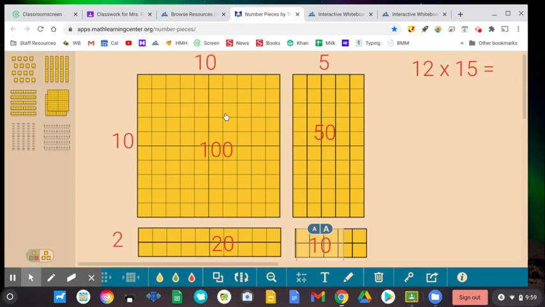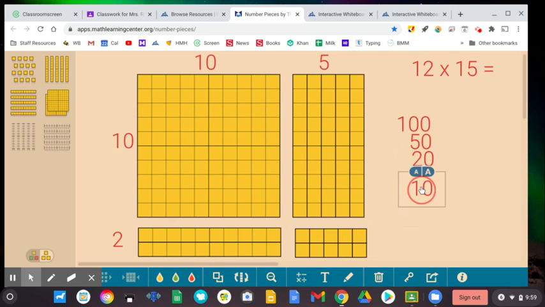So now you see where we get all of these squares. When we add all of these squares up, we get our total area. So we have 100 plus 50 plus 20 plus 10. So when we look at that, 10 plus 20 is 30, 30 plus 50 is 80, 80 plus 100 is 180.